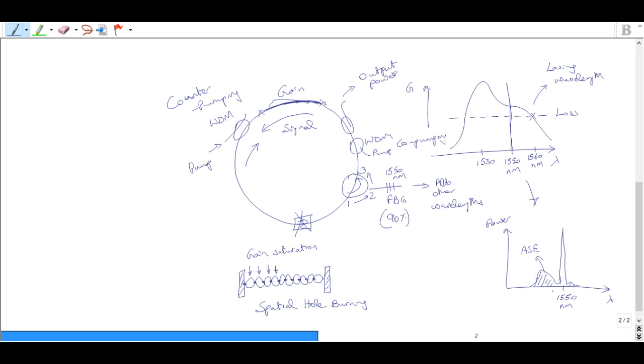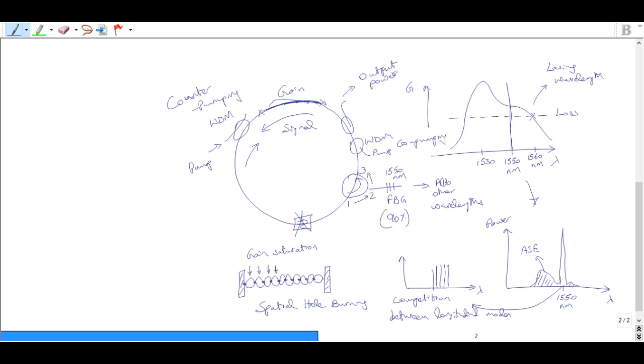So effectively, if you consider just this one wavelength and zoom into it, you will find that within that wavelength there may be multiple longitudinal modes, and because of the spatial hole burning, you will have competition between longitudinal modes. That competition corresponds to some fluctuation in the intensity of the laser, and that might give rise to some intensity noise.